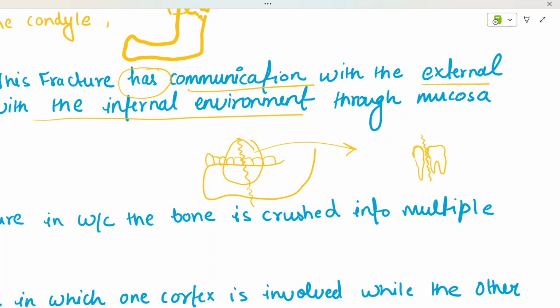This fracture line communicates with the periodontal fibers, the periodontal membrane around the teeth. That is the internal communication. This fracture also communicates with the outside environment via the gingiva or the skin. So there are two communications: interiorly with the periodontal membrane, and with the external environment through the skin or the gingiva that covers the teeth here.